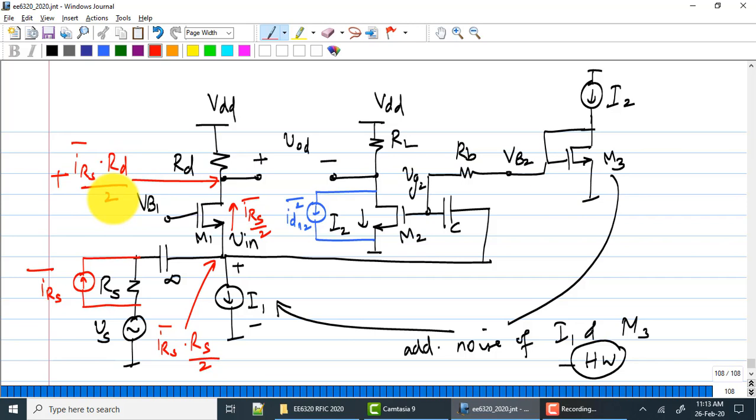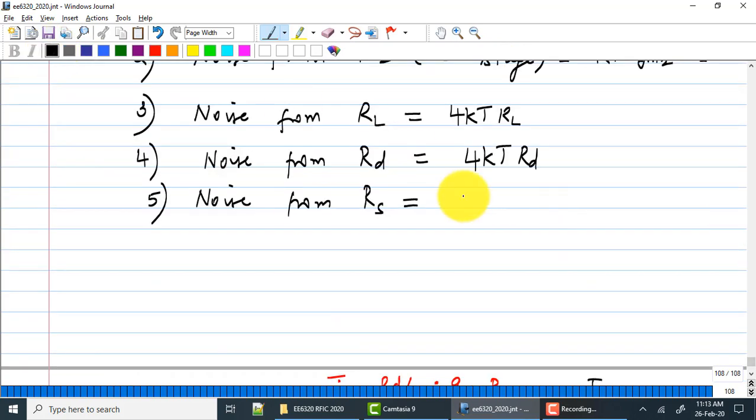So this voltage here is basically minus IRS into RS by 2 times gm2 RL. You take the differential voltage, you basically get IRS into RD by 2. Is this correct? IRS by 2 flows through this.